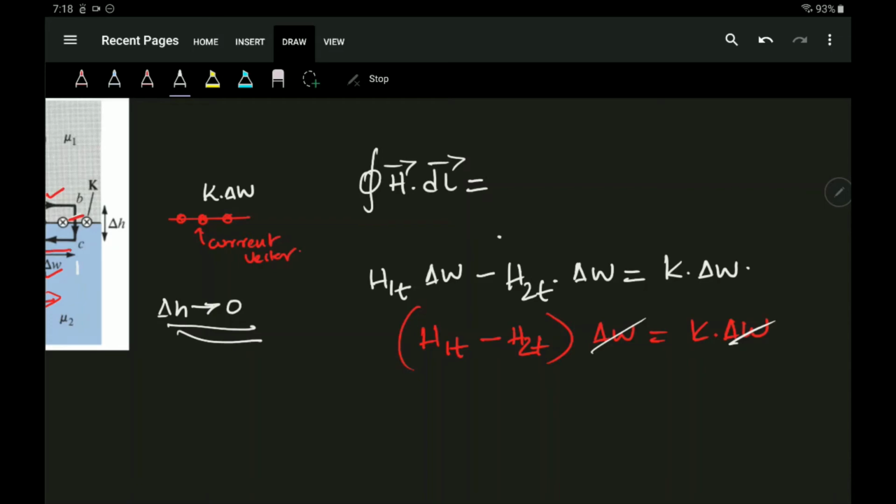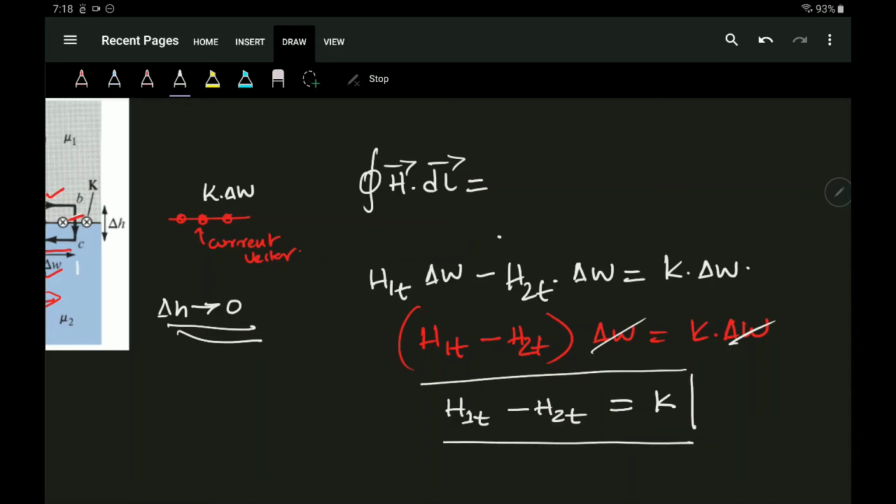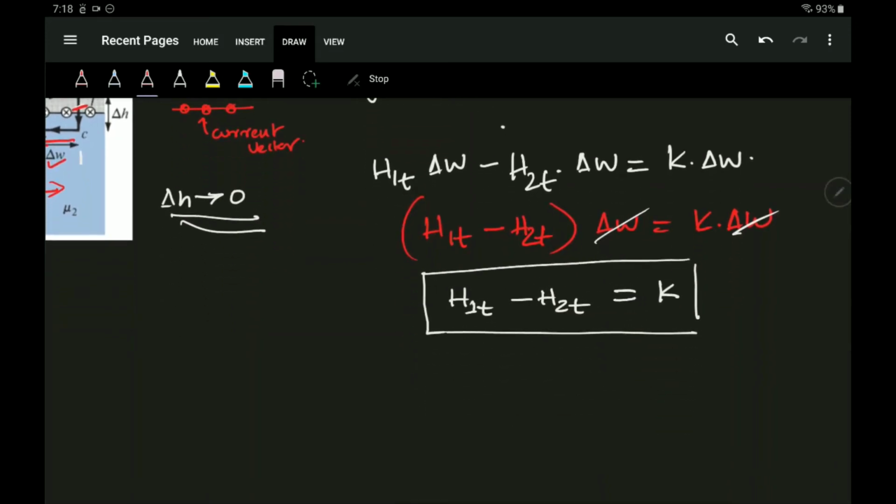Hence, what this shows is my tangential component H1t minus H2t is discontinuous over the boundary where the boundary has a sheet current flowing through it. In terms of my magnetic flux density, this can simply be written as B1t over mu1 minus B2t over mu2, which is equal to the surface current density.